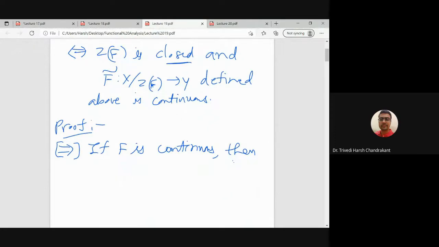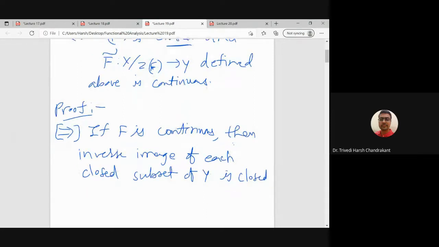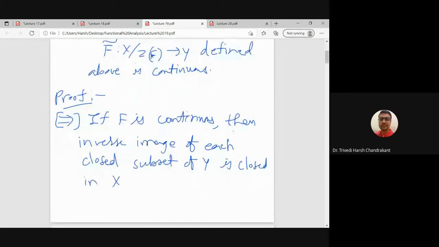So if f is continuous, then the inverse image of each closed subset of Y is closed in X under the function f.